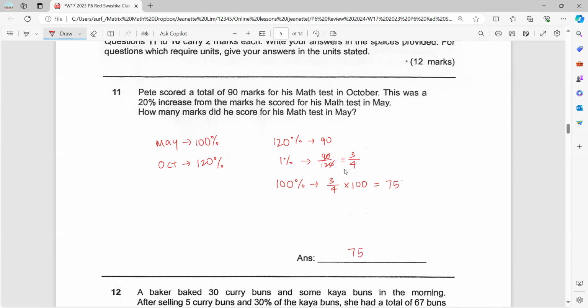So answer 75 marks in May. Alternatively, you can find 20%, then you find 100, or you can find 10% and then you find 100. Okay, whichever way works for you. So without calculator, you can leave your steps here as a fraction, which will be easier.